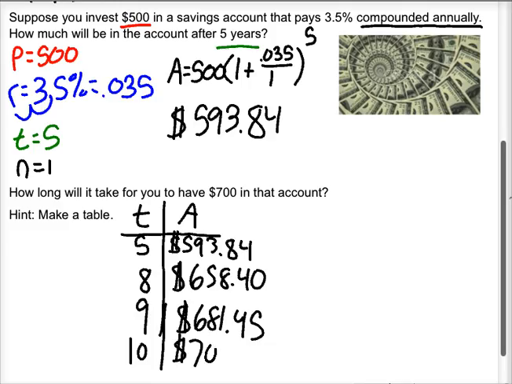So I'll have $705.30. So the answer is, after 10 years, I will be able to do that. But again, when you're looking for how long it'll take to get to a certain amount, you need to make sure to remember to make a table to try values until you reach the amount that you're looking for.